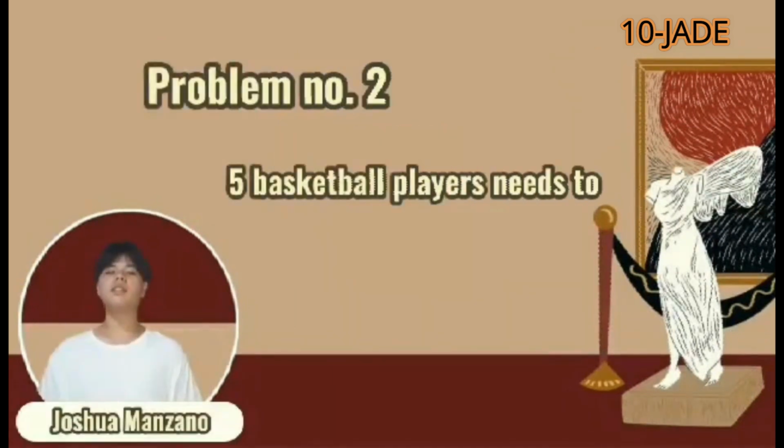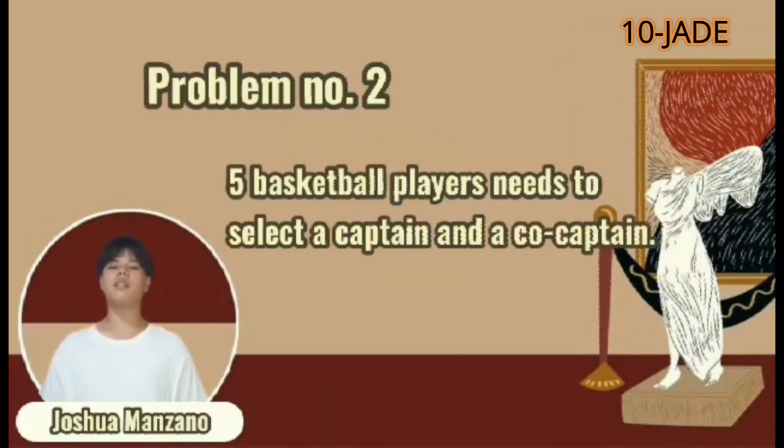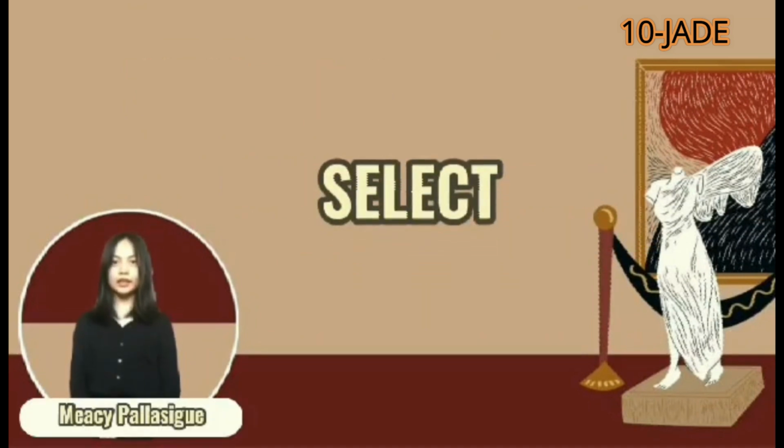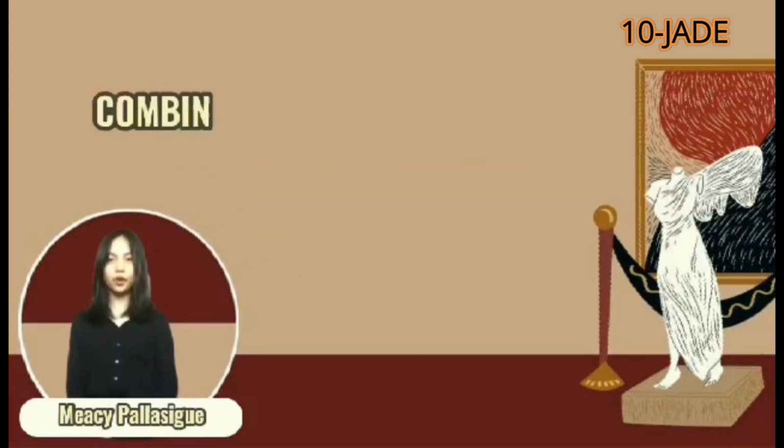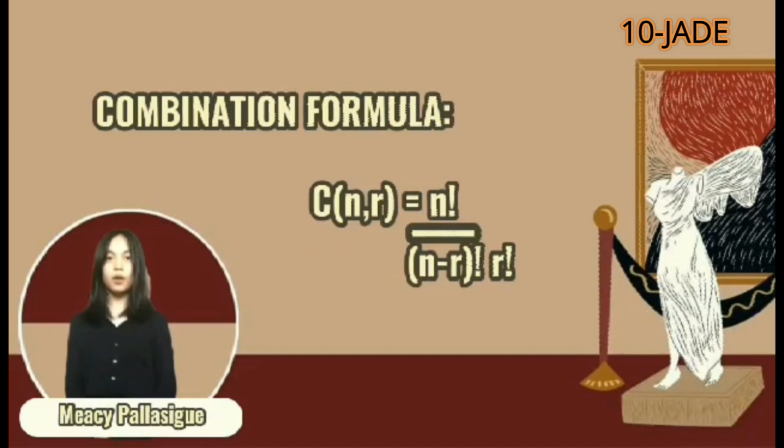5 basketball players need to select a captain and a co-captain. By the keyword select, we can identify that it is a combination. This can be solved by using the combination formula, combination of n comma r is equal to n factorial over quantity n minus r quantity factorial times r factorial.